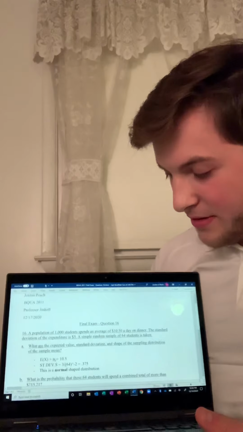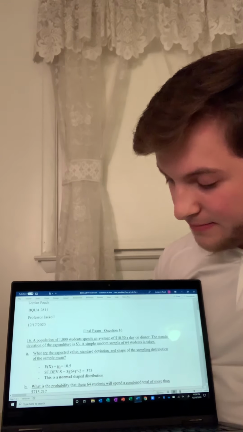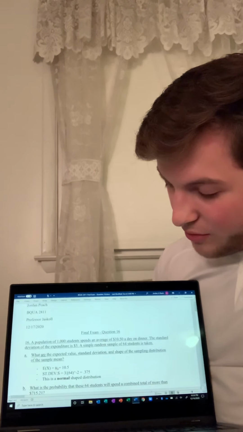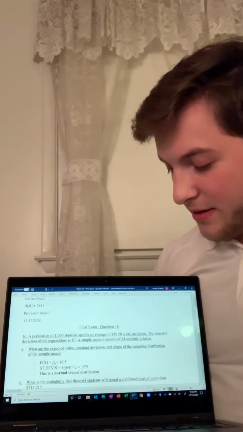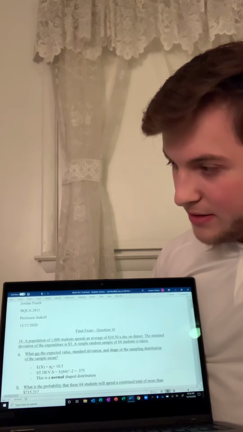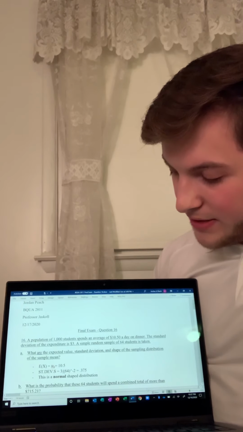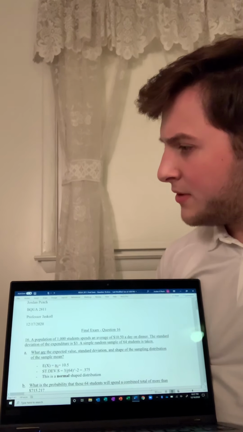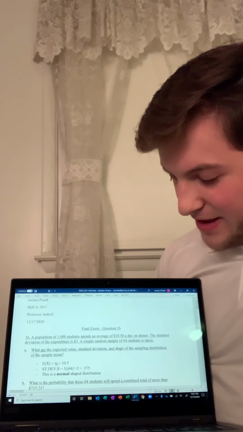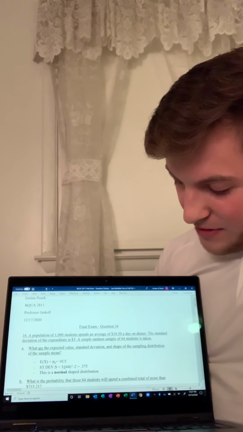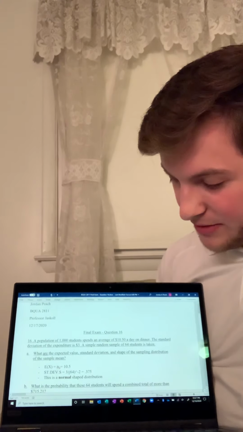Divided by the square root of n, you get 0.375. Since the sample is greater than 30, the standard deviation of the sample mean is equal to the standard deviation divided by the square root of n. So therefore, it would be a normal shaped distribution.